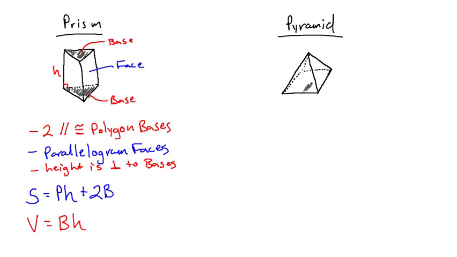Now we're going to come over and label our pyramid. The pyramid's a little trickier, but we're going to get everything where it goes anyways. The first thing is the pyramid has a base, but it only has one base. So it has one polygon base. We could have a square pyramid, we could have a rectangular pyramid, we could have an octagonal pyramid, but it has to be a polygon on the bottom.